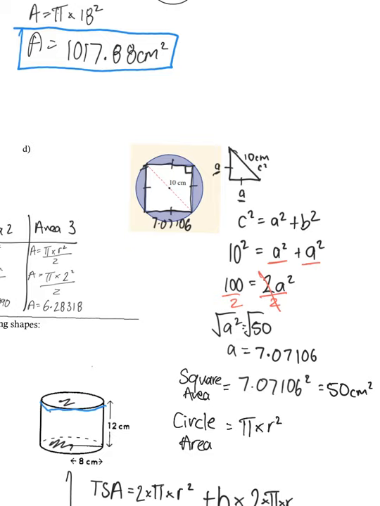So that's going to equal pi times 5 squared.